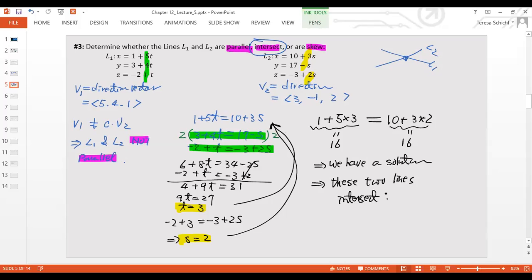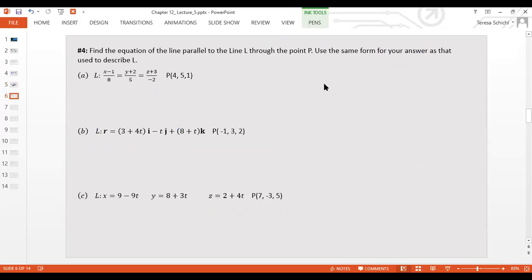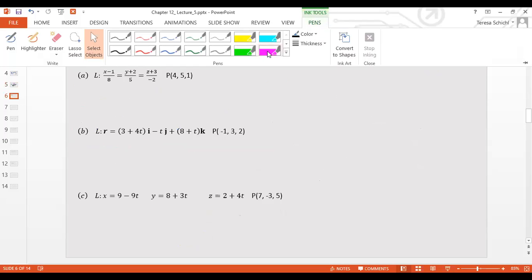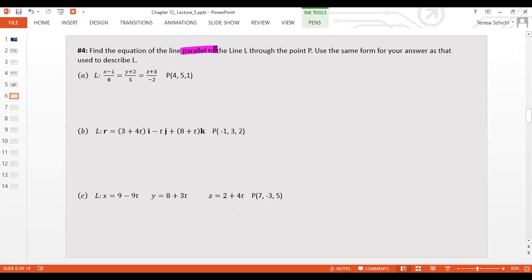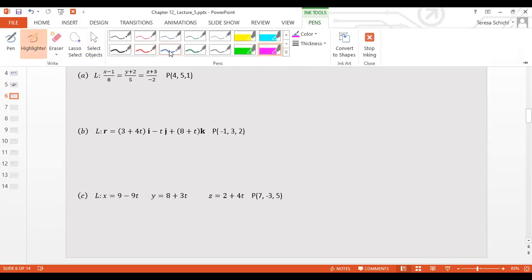Okay, so now let's take a look at the next one. So find the equation of the line. Okay, so this is pretty mechanical also. I want to find the line parallel to the line L and through the given point. Then use the same form your problem is given in.